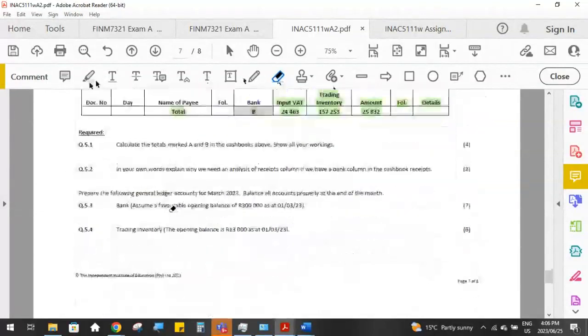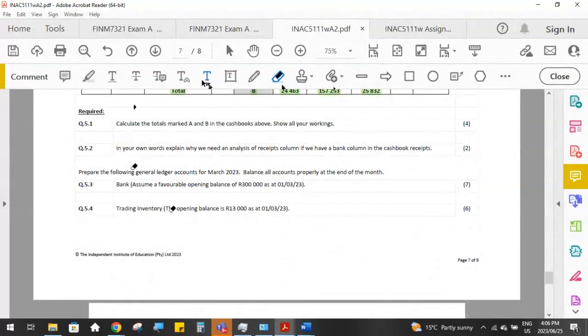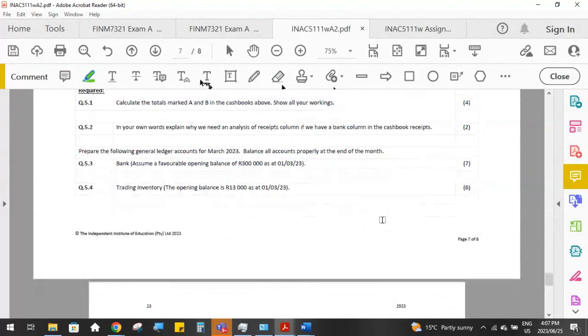Okay. In your own words, explain why we need an analysis of receipts column. There were some weird and wonderful answers to this one. Remember, as we've discussed, your analysis of receipts column acts like a till for the business, an actual cash receipts till.